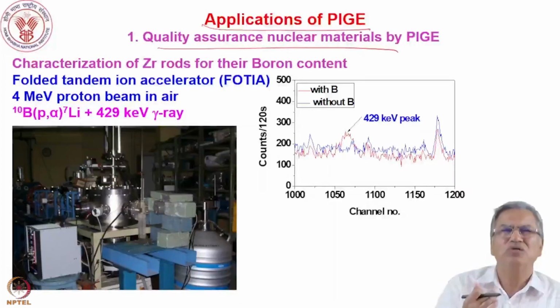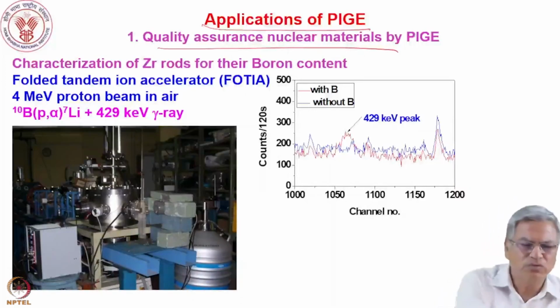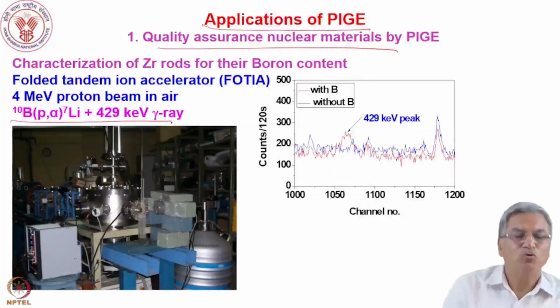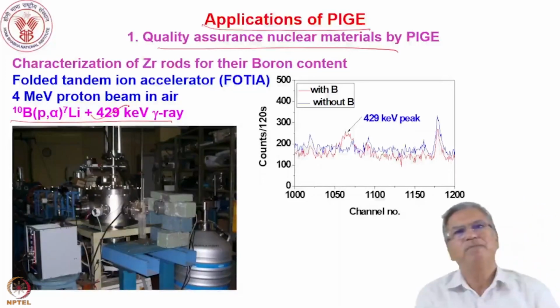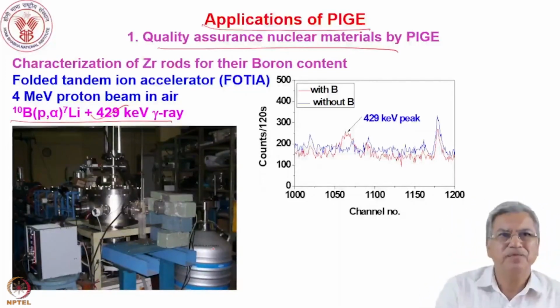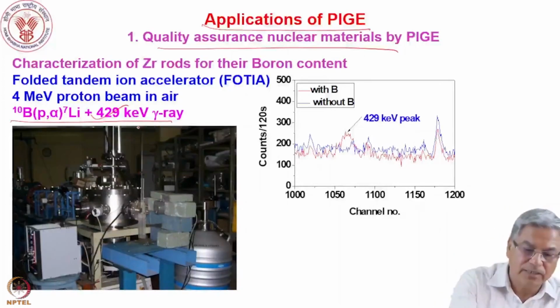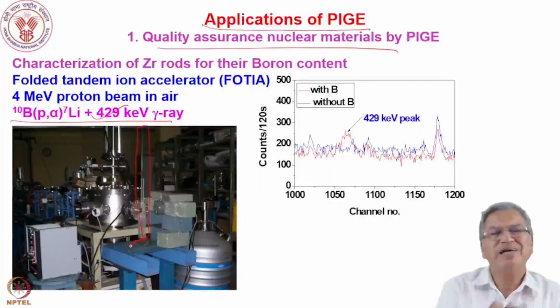You want to know whether a rod contains boron or not. So you use the nuclear reaction boron 10 (p, alpha) lithium 7, in which a 429 keV gamma ray is emitted, and that is measured using this germanium detector. And the target is very long, so you cannot keep it inside the chamber because the chamber height is only 1 to 2 feet.